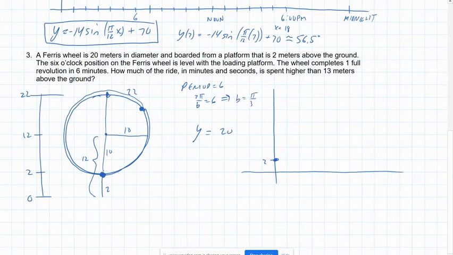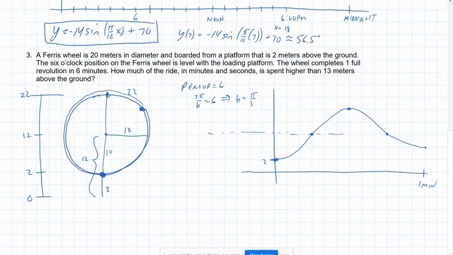And so now we have b, we have our amplitude, and it starts low and then goes to its midline and then to its high and then back to its midline and then to its low. And so 1 full cycle takes 6 minutes. And so we can write this as a cosine graph, flipped upside down.